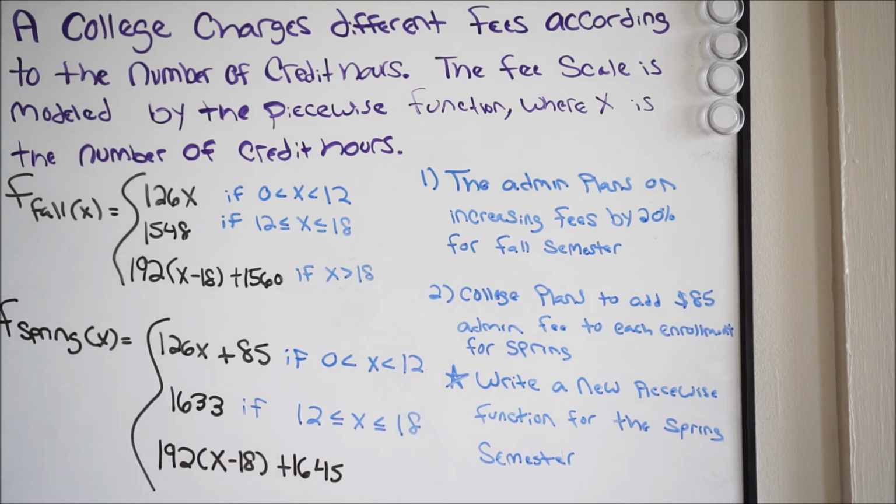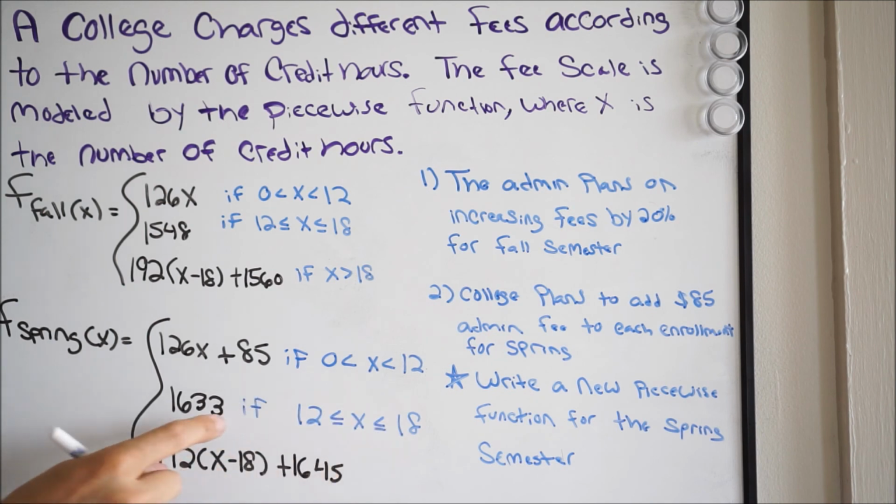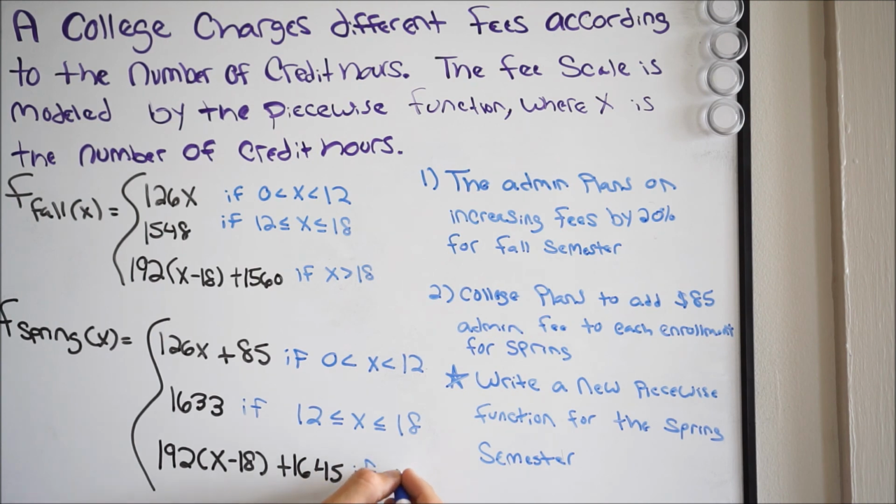If your credit hours are greater than or equal to 12 but less than or equal to 18, this is what you're going to be using for the spring. And our last one, if your credit hours are greater than 18, then this is the function that you need to use for the spring. All right, and this problem is now complete.